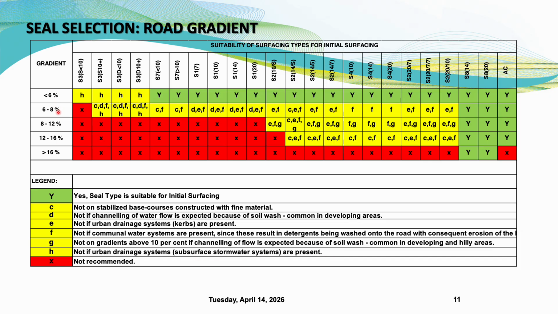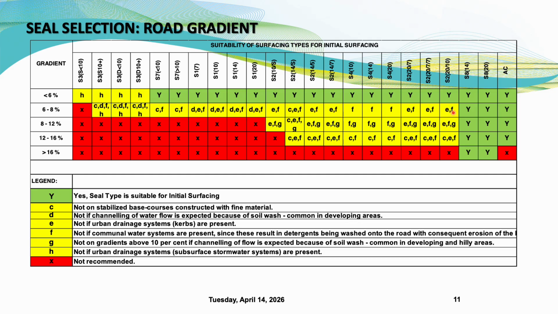The red is obviously you can't use any option, it's not recommended. Any option in red is therefore not recommended. So say if the road gradient is between 6 and 8, on the borderline, one can see that there are risks involved for 6 to 8 for all seal types.